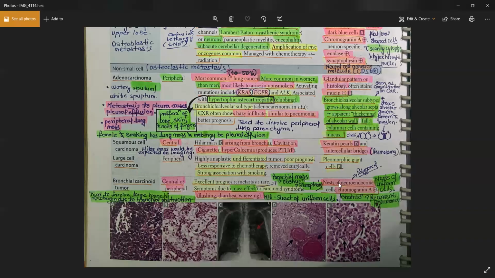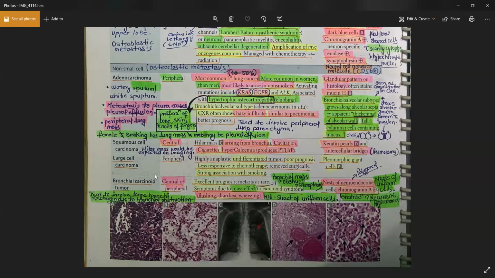All these things will be seen when you see a carcinoid tumor of the lung. Again, this tumor will be very much central, and mass effects, of course, will be there, like obstruction maybe. So when the CV mentions nests of polygonal cells, and these polygonal cells have a very granular cytoplasm, you can think about carcinoid tumor.